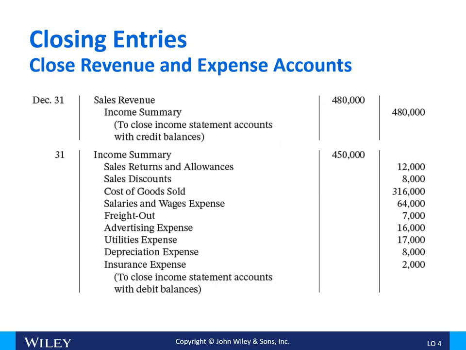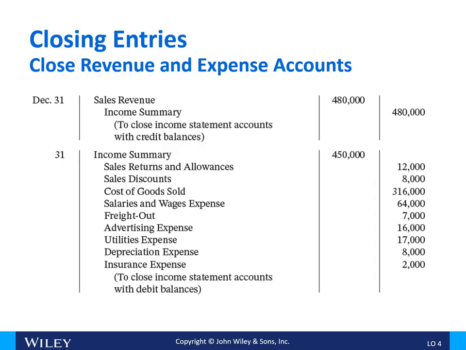And then finally, closing entries. Remember, we close revenue and expense accounts to income summary. Now we're going to expand the expense account side to include accounts with debit balances. So it includes our cost of goods sold, which we said was an expense account, but we're also going to include in that entry the sales returns and allowances and the sales discounts. They have debit balances. Even though they're contra revenues, we're going to close them with our expense accounts because they all have debit balances.